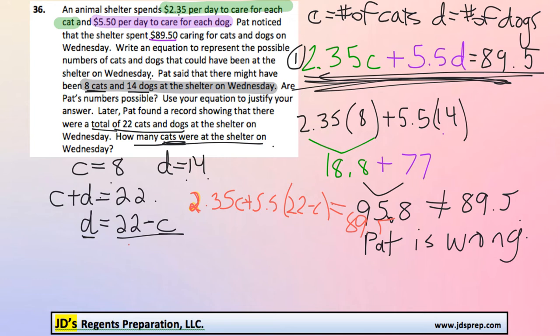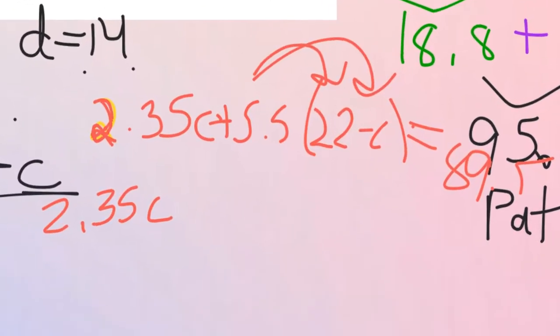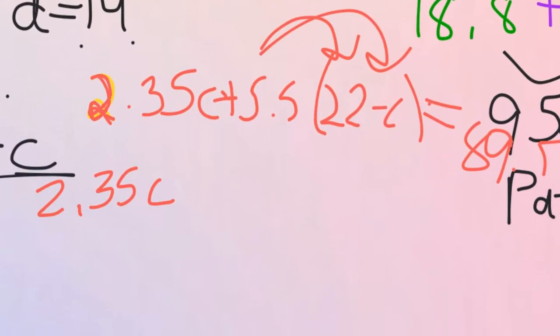Okay, so now we can distribute the 5.5 into the brackets here. Maybe I should just zoom in. We get 2.35 C plus 5.5 times 22, that's 121, minus 5.5 C equals 89.5.